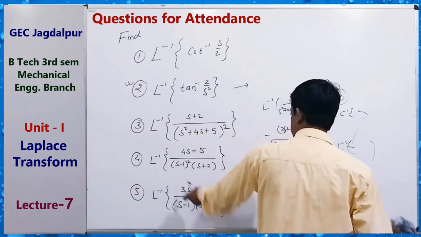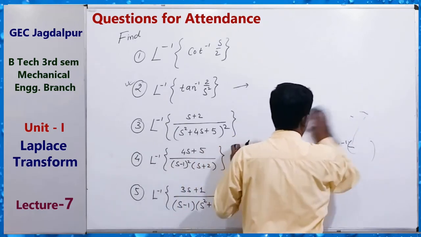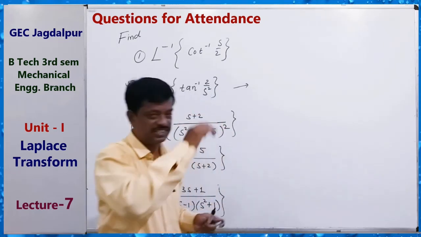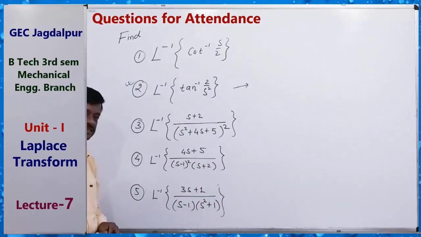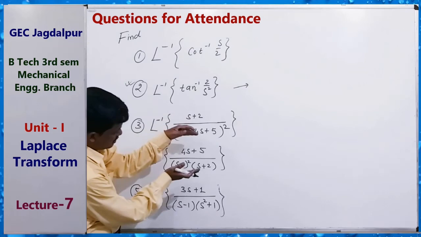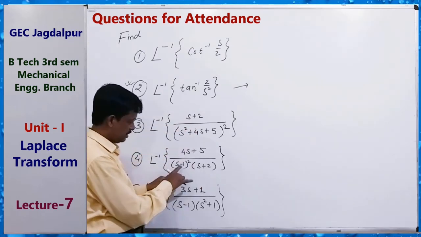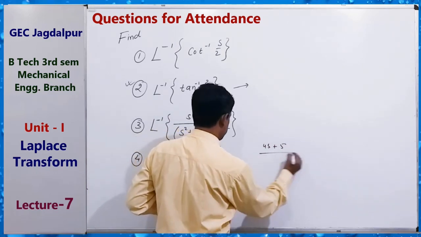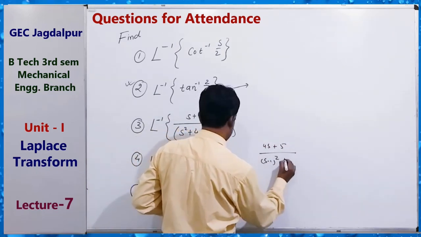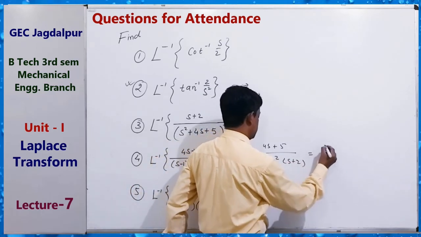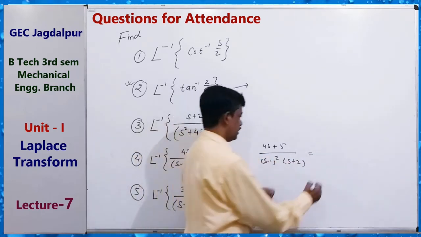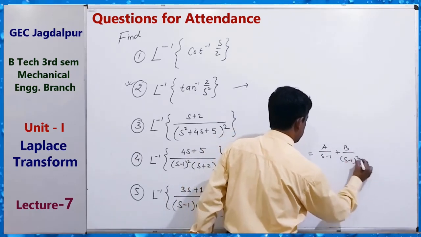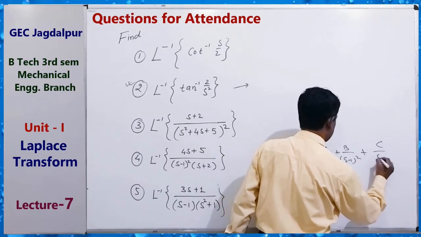Okay. Now the remaining questions 4 and 5 can be solved by doing partial fractions, and you know about partial fractions from earlier classes. So this is a rational function that factorizes, but here there are two types. For factorization you have to write like this: 4s plus 5 by s minus 1 square times s plus 2 equals, since there is a square, a by s minus 1 plus b by s minus 1 square plus c by s plus 2.